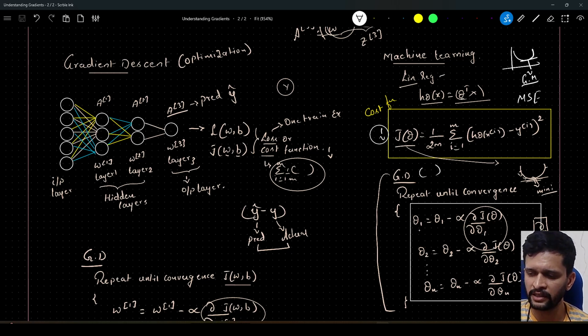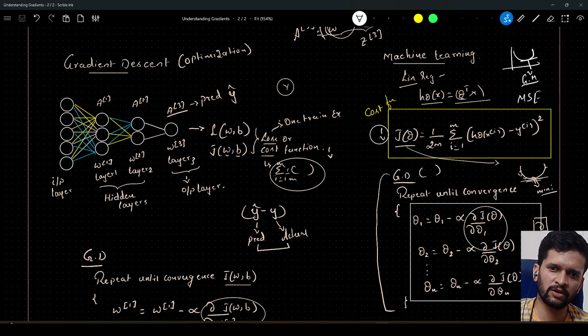Theta 1 is equal to theta 1 minus alpha into how the loss changes with respect to a change in theta 1. That's what d by d theta 1 of J theta means. Similarly, theta 2 is equal to theta 2 minus alpha into how the loss changes with respect to theta 2, and theta n is equal to theta n minus alpha into how the loss changes with respect to theta n. This is what gradient descent does in linear or logistic regression.